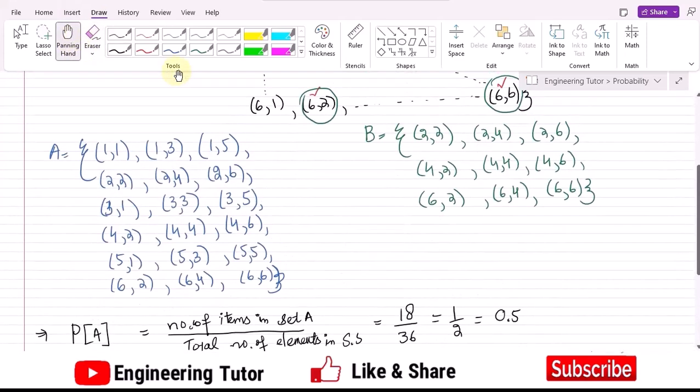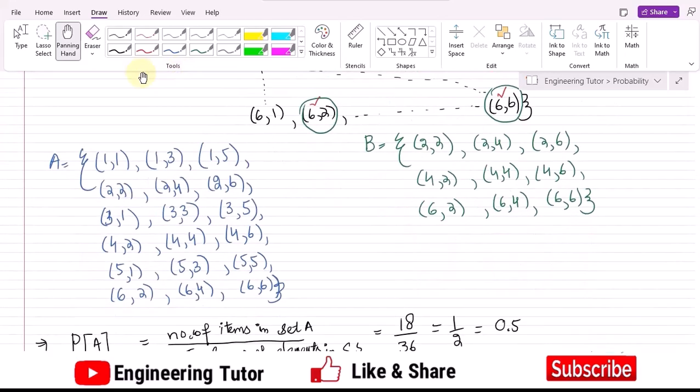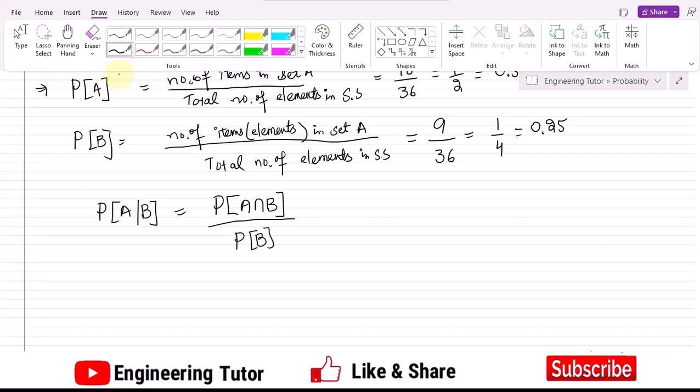Now what is in the question? We are asked to find the probability of A given B and also the probability of B given A. So let me use the formula here for the probability of A given B. From conditional probability, I know that the probability of A given B is the probability of A intersection B, whole divided by the probability of B. Why is it?